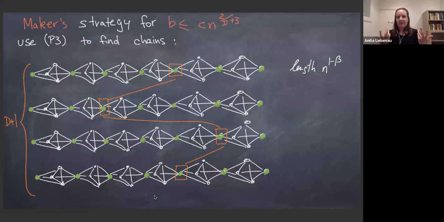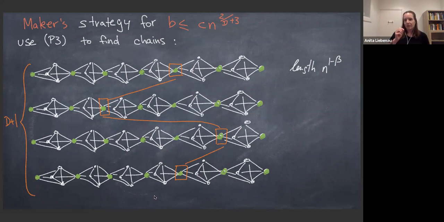And once I find this K_r or K_{D+1}, I'm taking away from each chain one of these vertices. These orange vertices form a copy of K_4 in this case, and the remaining chains also separately fall into vertex-disjoint copies of K_r.